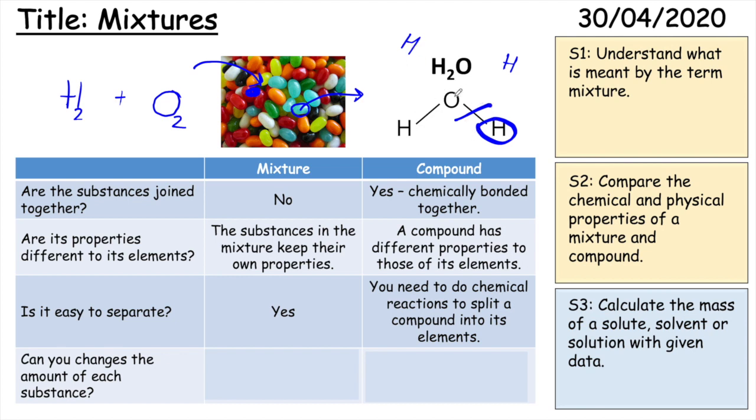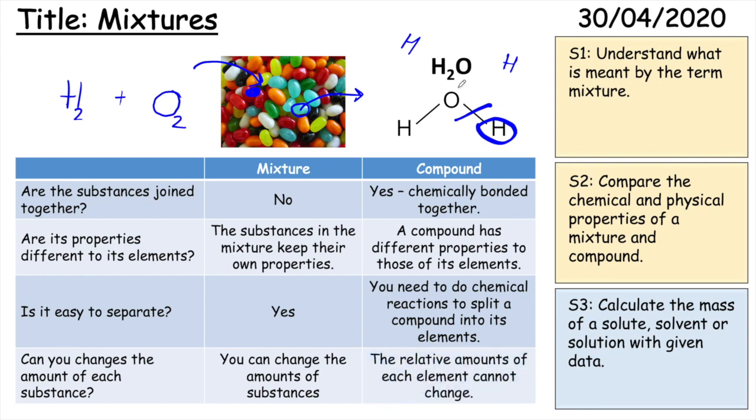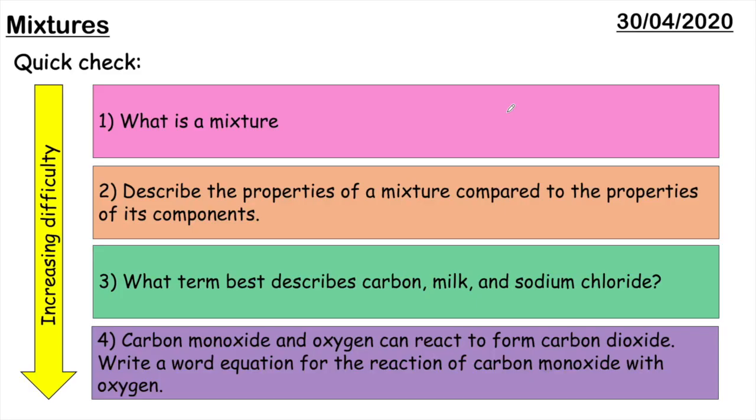This is now a mixture of hydrogen and water. It's not changing the amount of compounds you have. So you can change the amount of substance in a mixture, but you can't change the relative amounts in a compound. They have to stay the same. H2O, water, is always just 2 hydrogens and an oxygen. And that's it. That's all you need to know for a mixture.